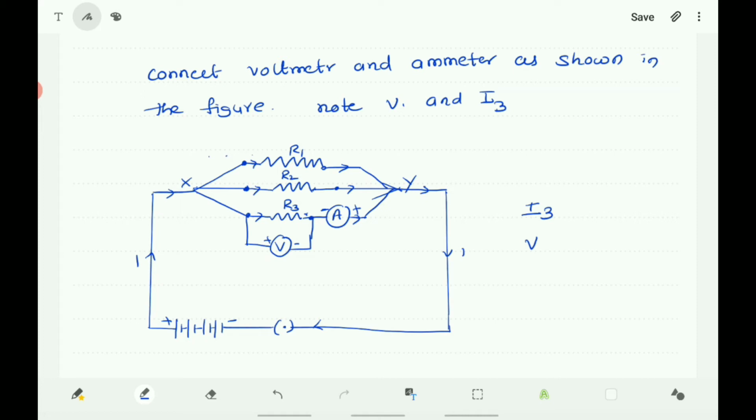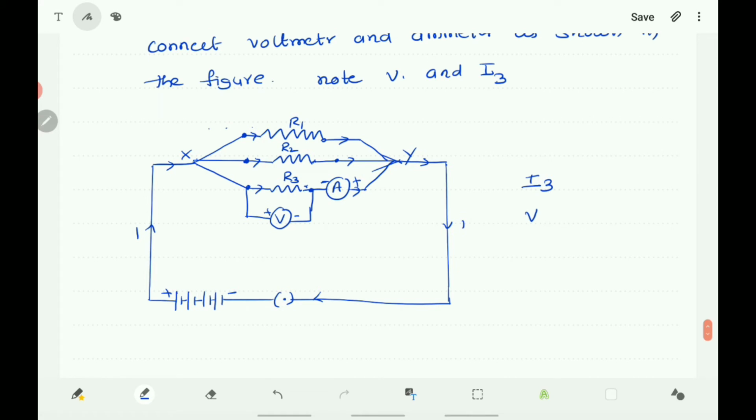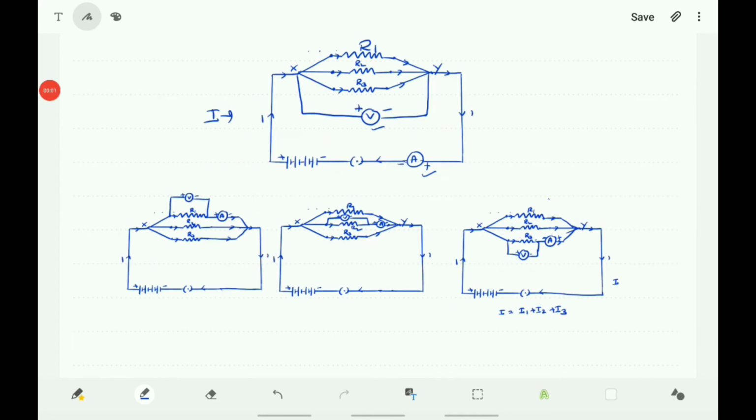Next you compare I, I1, I2 and I3, and it will be clear that I is equal to I1 plus I2 plus I3. See the 4 cases here.